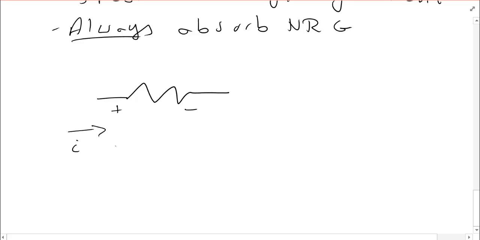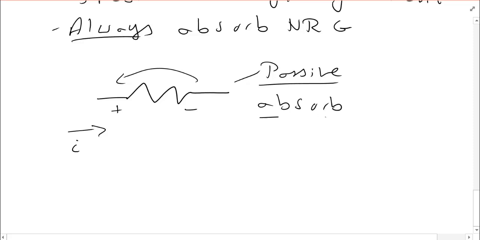Current always enters the positive, and voltage always goes this way. In other words, due to the passive sign convention, resistors are called passive elements. They absorb energy from current.